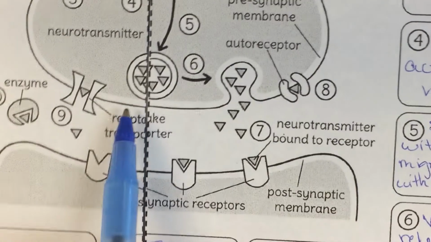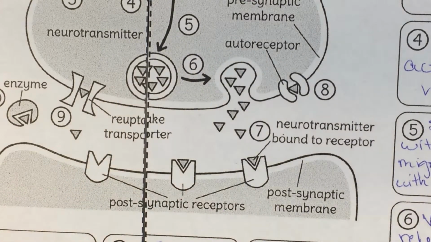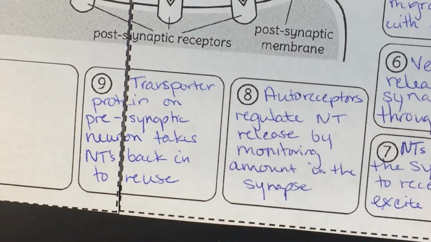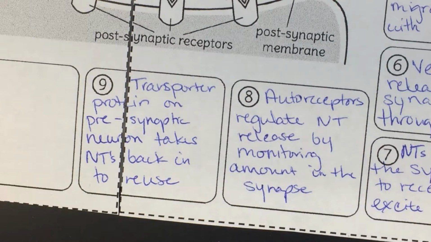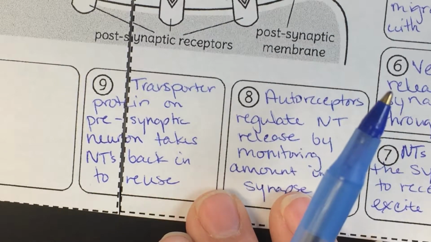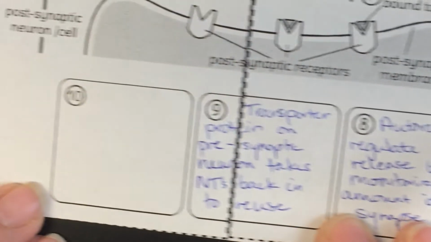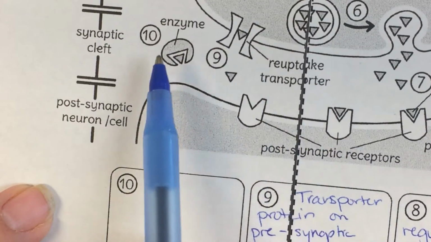So it'll actually bring those back in, merge them with a vesicle, and then it could be released later. So it just saves a little energy on the cell because it doesn't have to keep producing. And then in step 10, we have our little enzyme here.